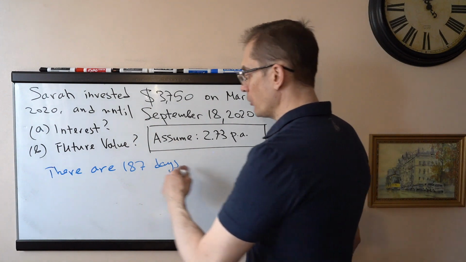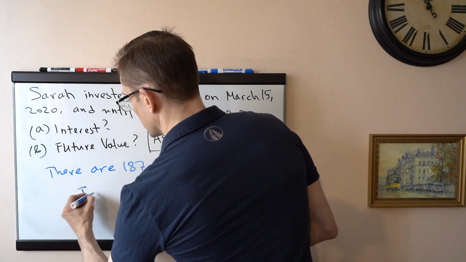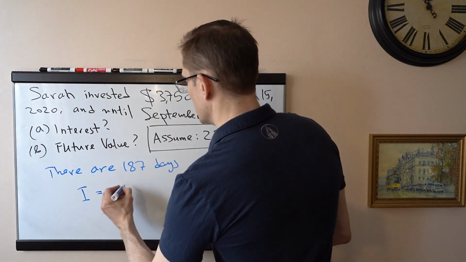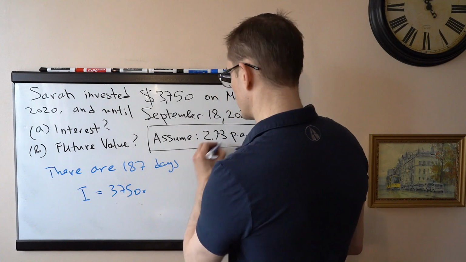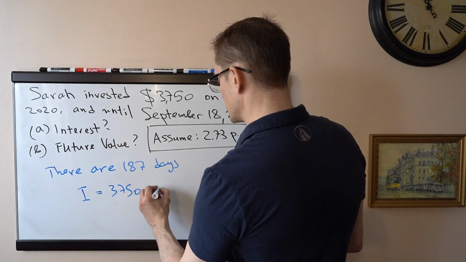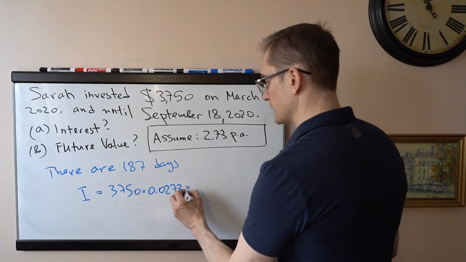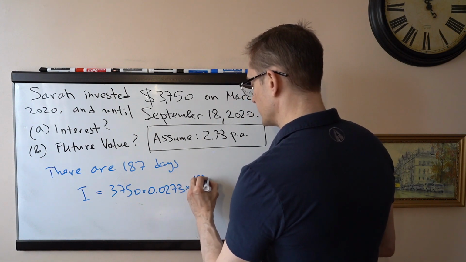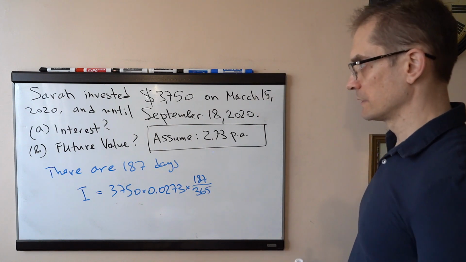Okay, now after you know that, you will easily calculate interest, and interest will be 3,750 times your rate, because as we already discussed, that's going to be your simple rate, and then times 187 divided by 365.